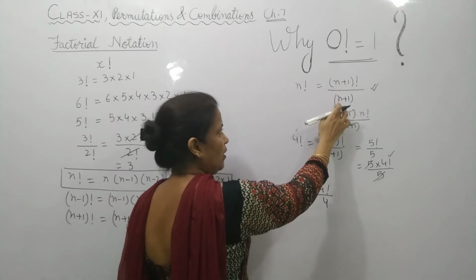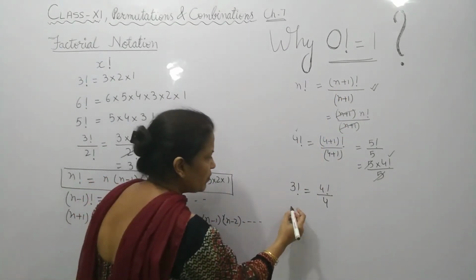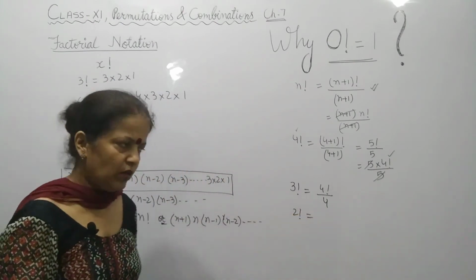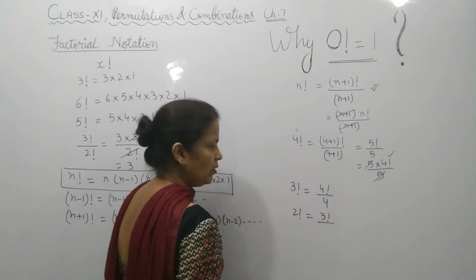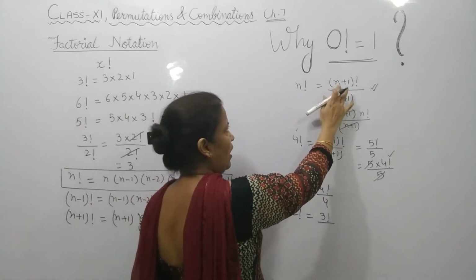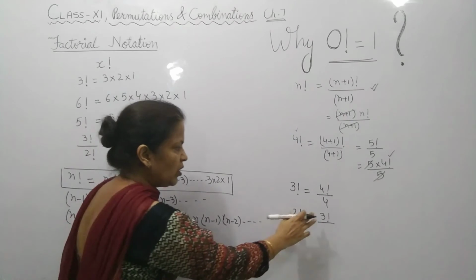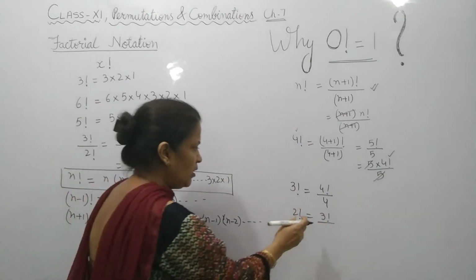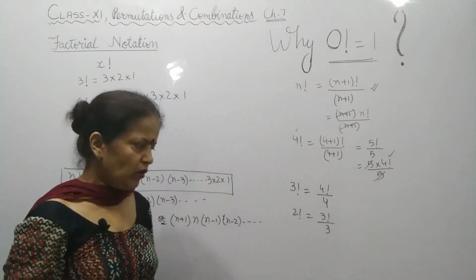If I have to write 2 factorial, it is 2 plus 1, that is 3 factorial upon 3. Solving, you will get 2 factorial.